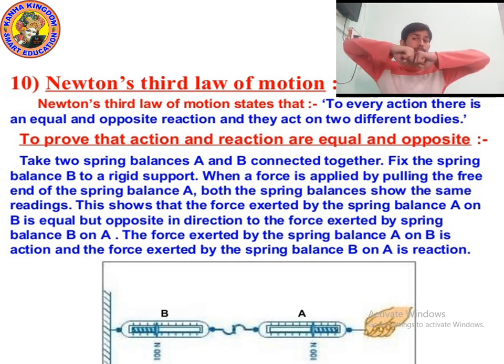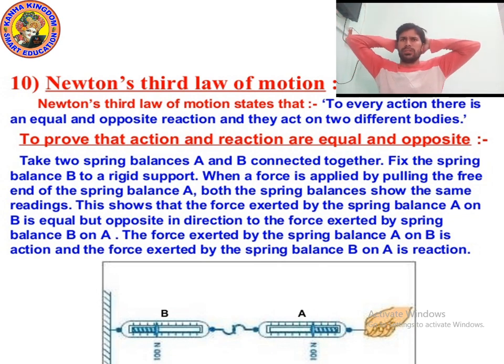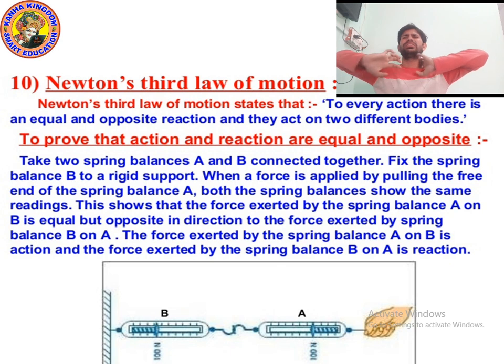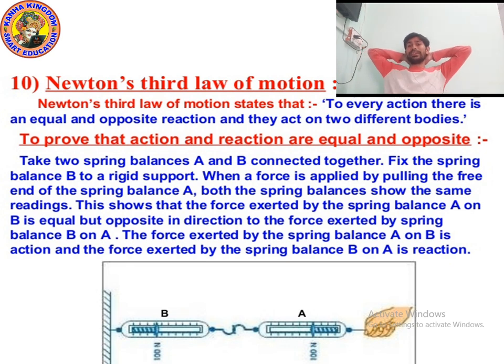Suppose my left hand is B and right hand is A. When you pull A, B also extends. Both will stretch, so both spring balances show the same reading. Why? Because they are connected.